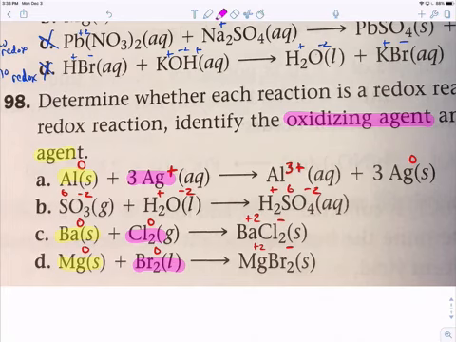Does anyone want anything explained? If not, I'm going to keep on going. Are you guys still listening?